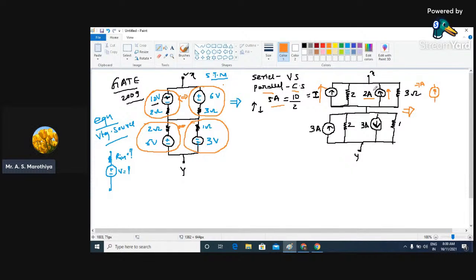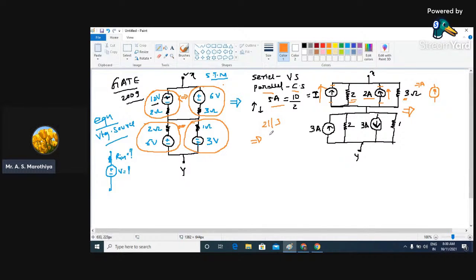In the same way, let us try to find out their equivalent resistance. Now see here, in order to find the equivalent resistance, just ignore this. Let us consider that we don't have any kind of active element over here. So we can ignore them, and we have only the 2 ohm resistor in parallel with 3. So we can write 2 ohm in parallel with 3. How to find this?